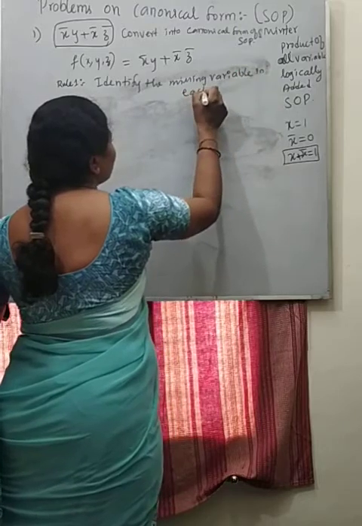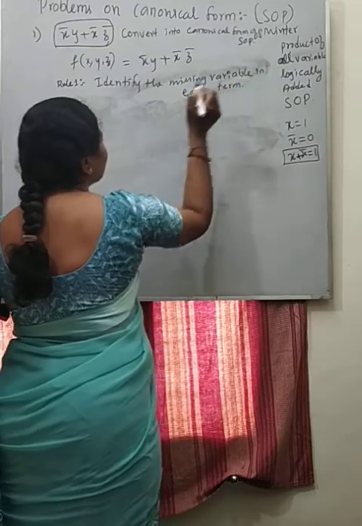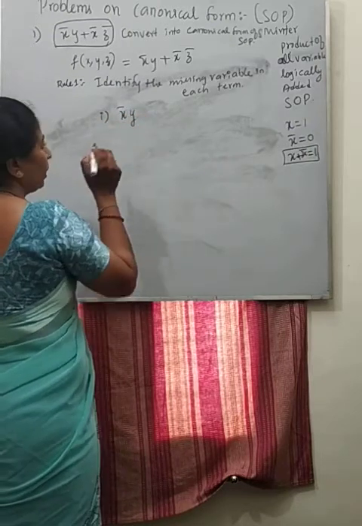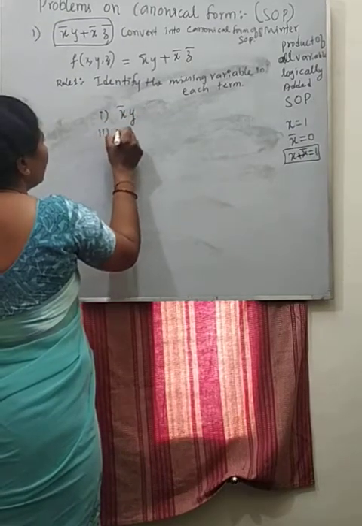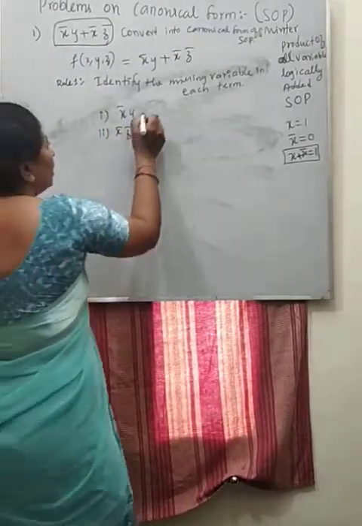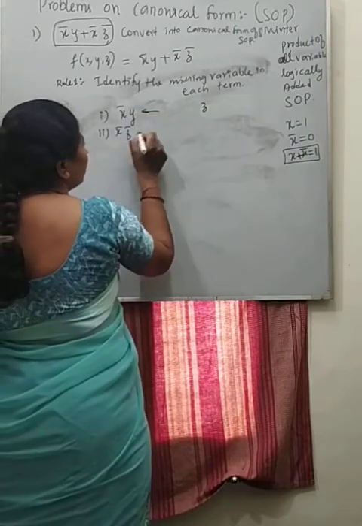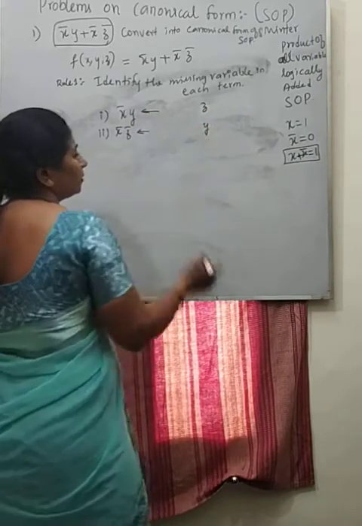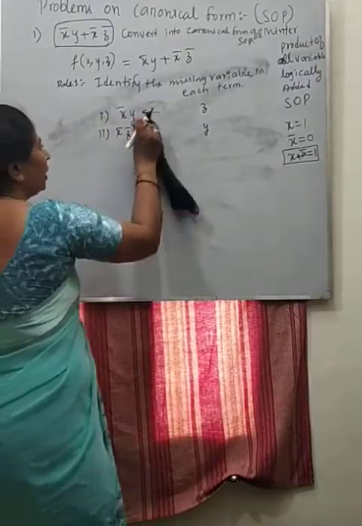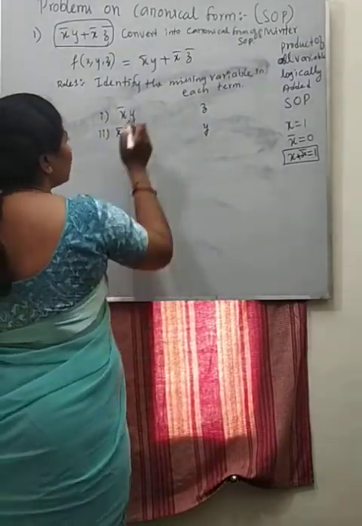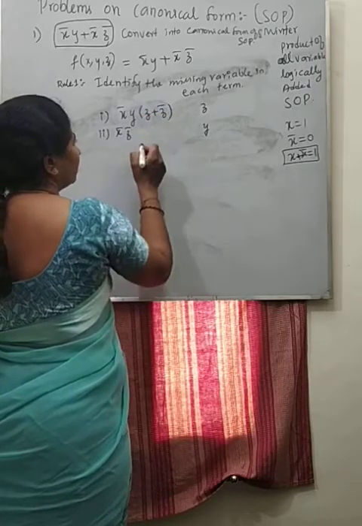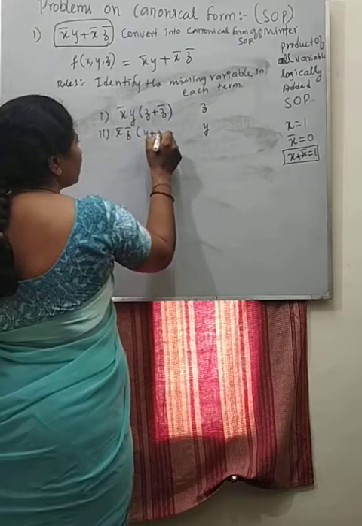What are the terms we have? X complement y is one term. Second one, x complement z complement. There are 2 terms. Here z is missing. Here y is missing. Is it right? Here z is not there, here y is not there. Then we include the missing variables: here z plus z bar, here y plus y bar.